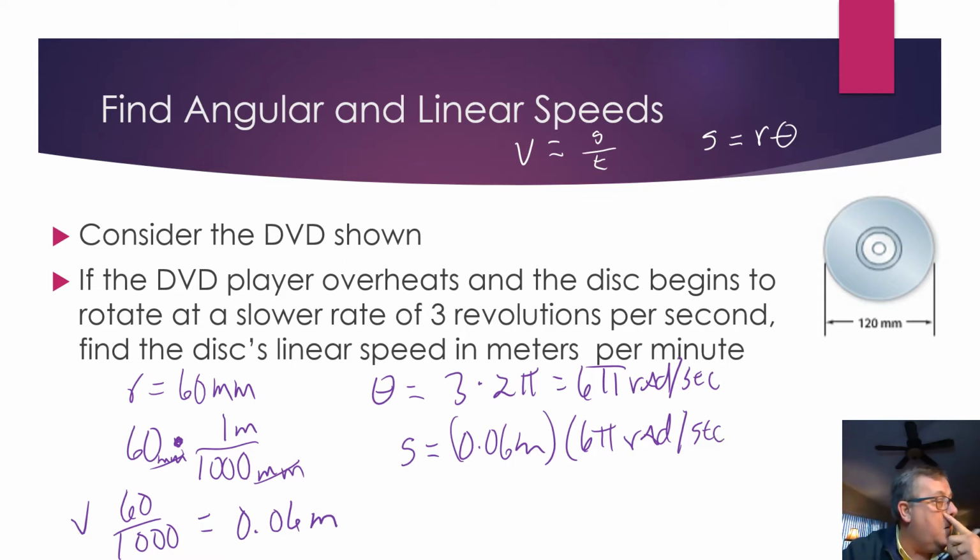Okay. Well, let's see. And radians is really not a unit of measurement. So we've got 0.06 meters times 6 pi.